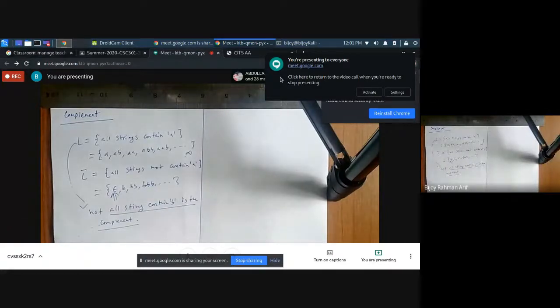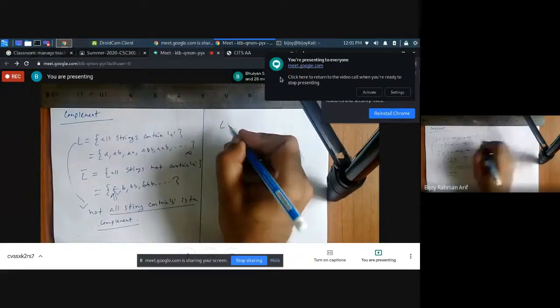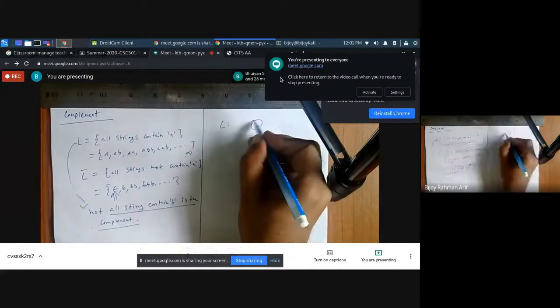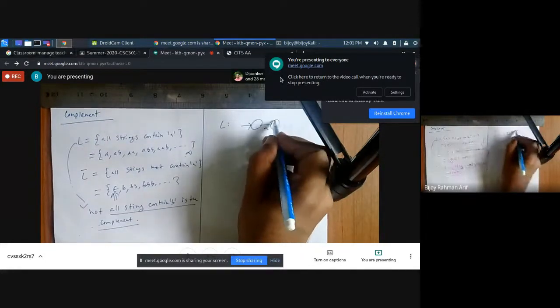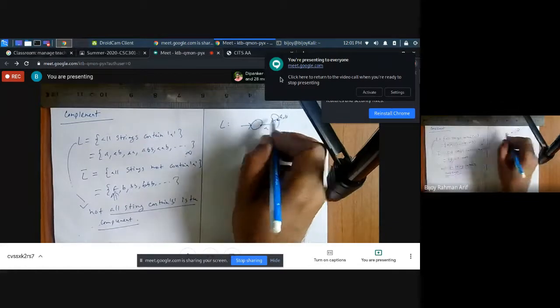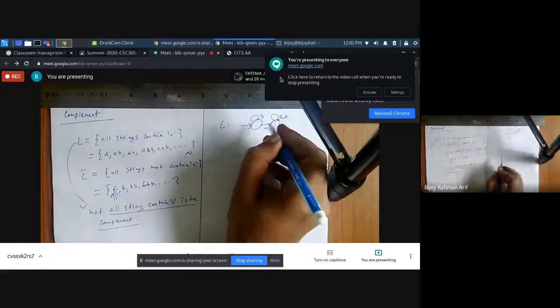So how can we do complement? Bhuya Sadman Wasif already answered the question. So why is it correct? Tell me. If my language is something like this, an automata that contains A, and if I get A, this would be my final state.